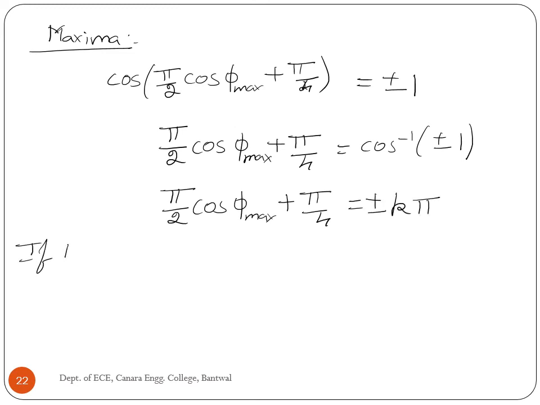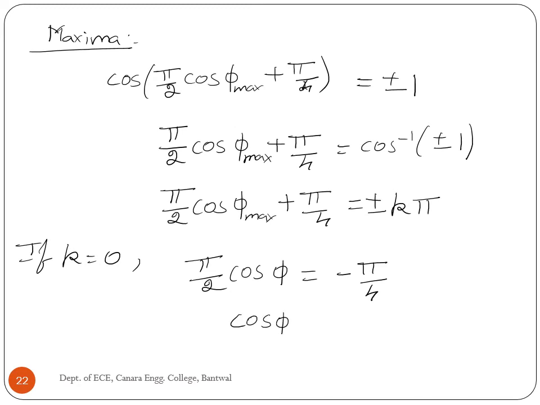If k equal to 0, pi by 2 cos phi is equal to minus pi by 4. So cos phi equal to minus half. Therefore, phi equal to cos inverse of minus half, which is equal to plus or minus 120 degree.